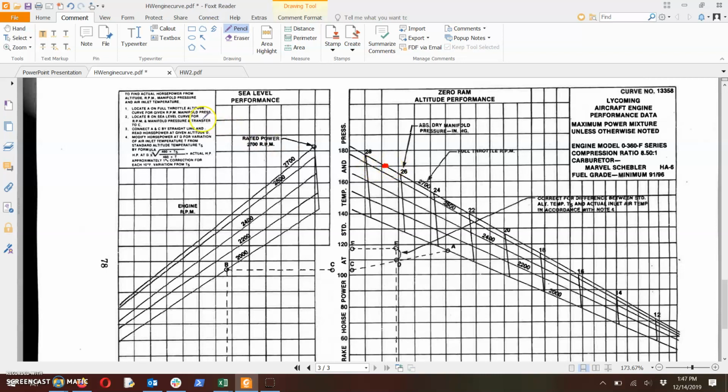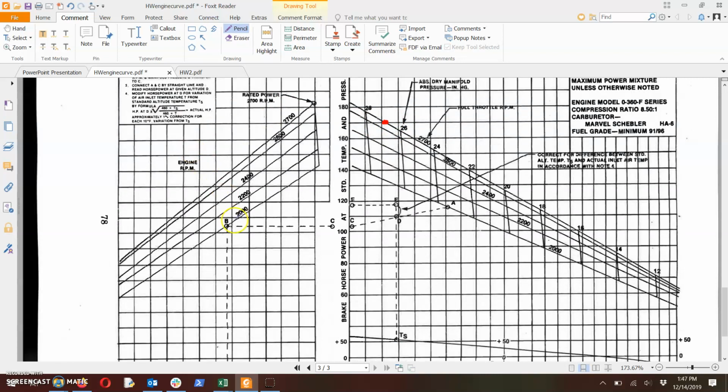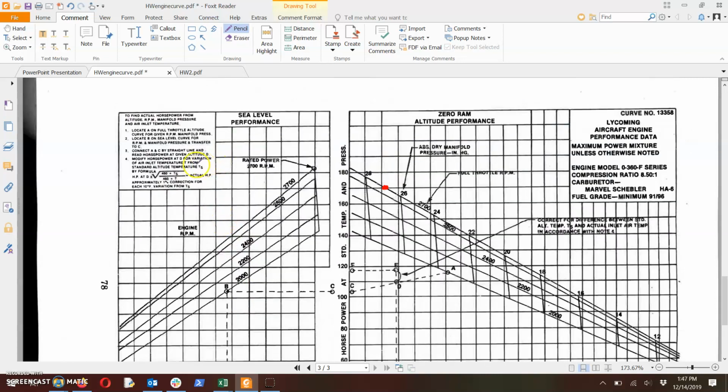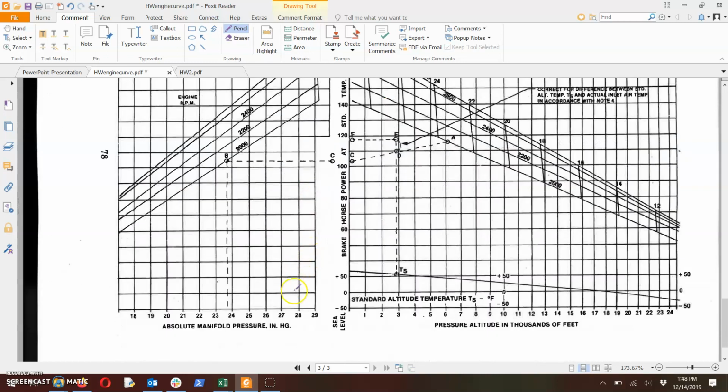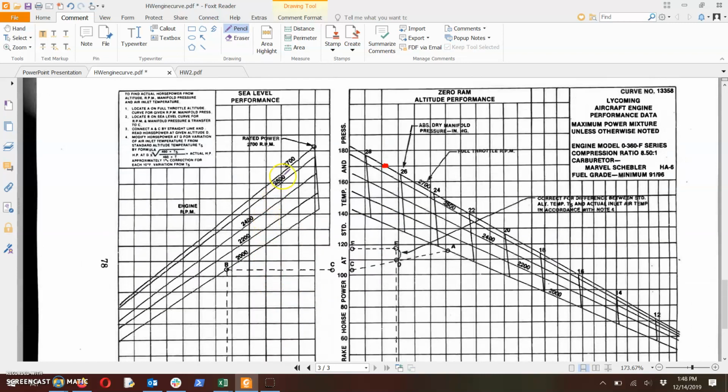Okay? And then it says locate B. B is over here on this level C, or sea level performance. Look at B on sea level curve for RPM and manifold pressure and transfer to C. C is along this area, so we need to go find 2,700 RPM and 27 inches of mercury. That would be this location.